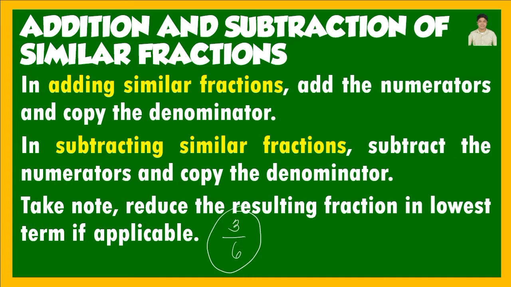This is by getting the greatest common factor. In this case, the GCF of 3 and 6 is 3. So, we have to divide both numerator and denominator by 3. Therefore, the lowest term of 3/6 is 1/2. So, ang accepted na sagot is 1/2. Kasi kapag sinulat po natin final answer is 3/6, that is considered wrong.